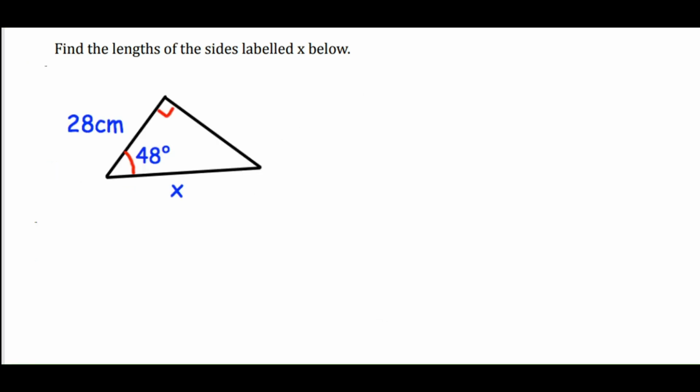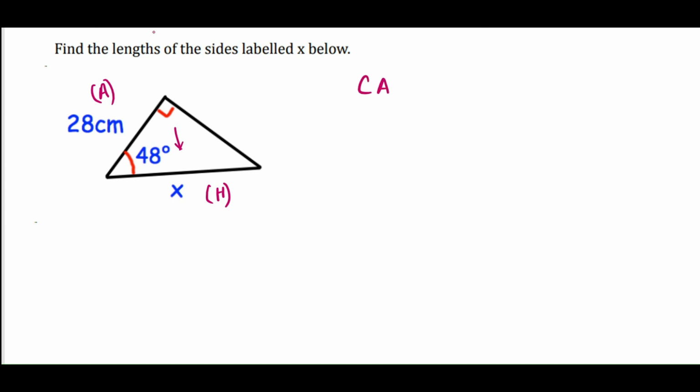Now, moving on to our next question. We'll once again label our sides. So we have our hypotenuse opposite our right angle, and we have the side that is adjacent to the angle given.